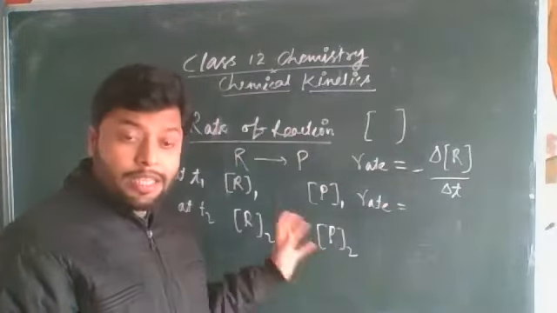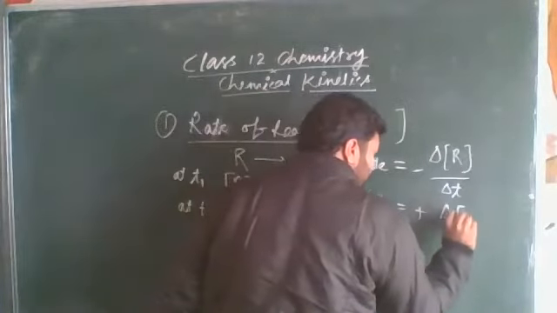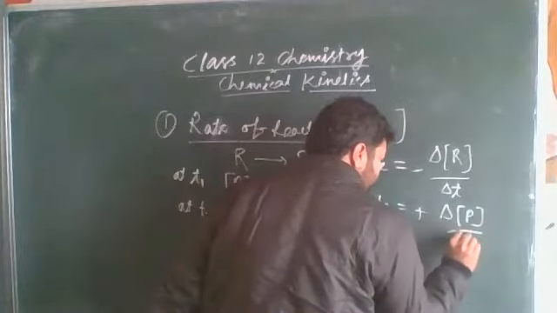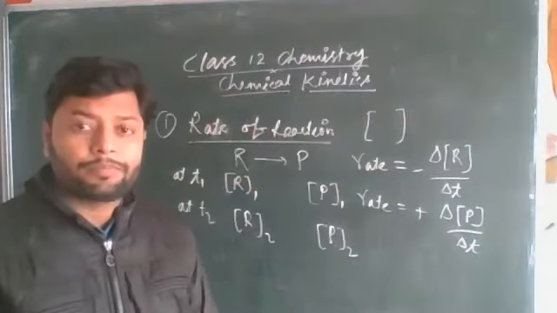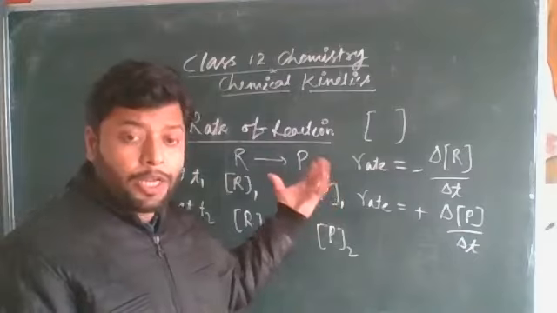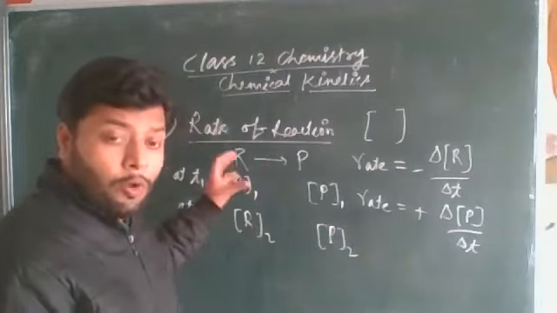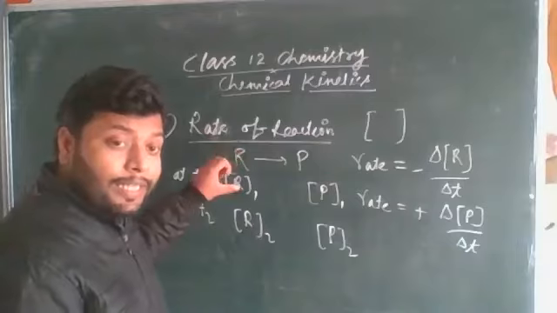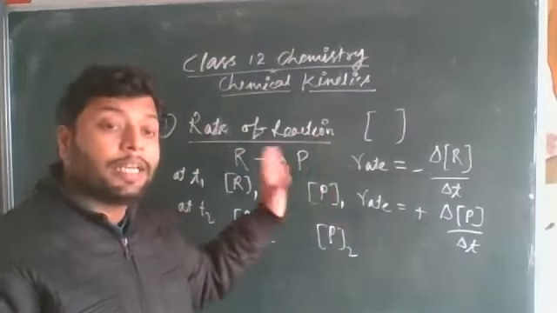The same time we can define the rate of the reaction in terms of product, that is plus delta P upon delta T. Students, the appearance of the product must be equal to the disappearance of reactants, because whatever amount of reactants is consumed, the same amount of product is formed in the ratio.